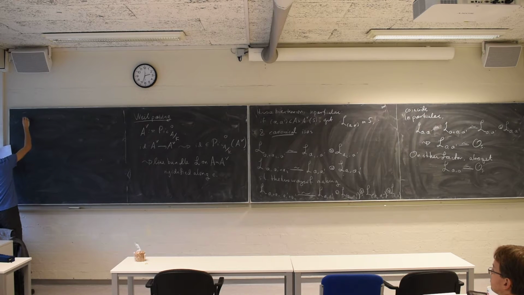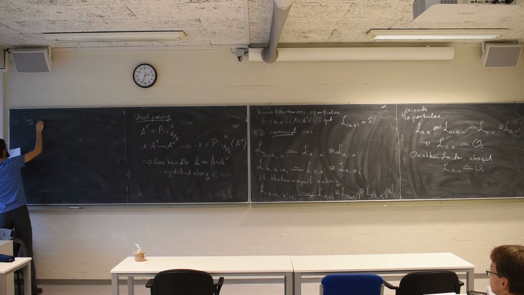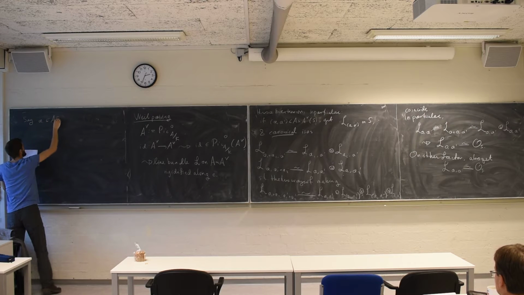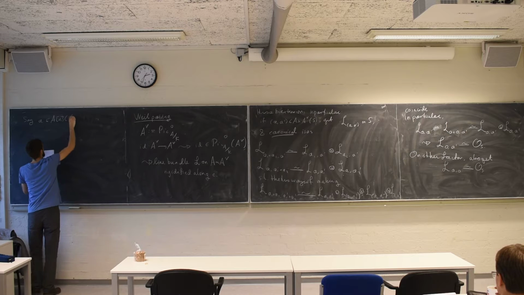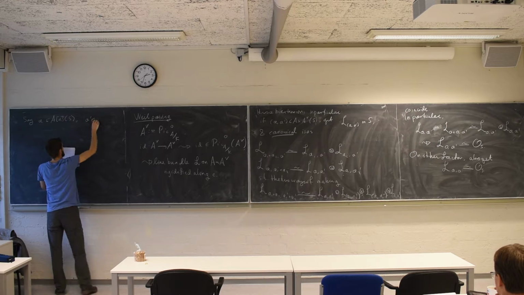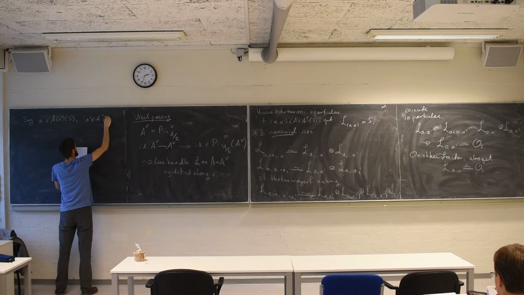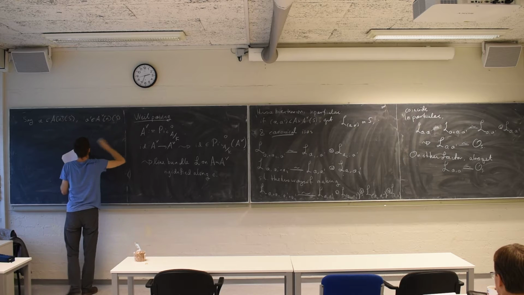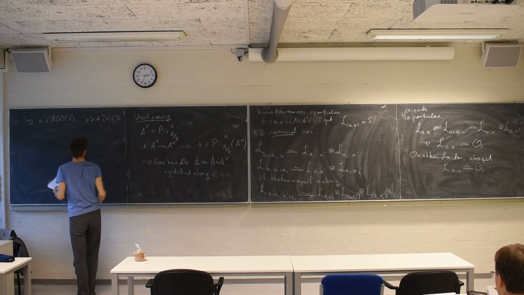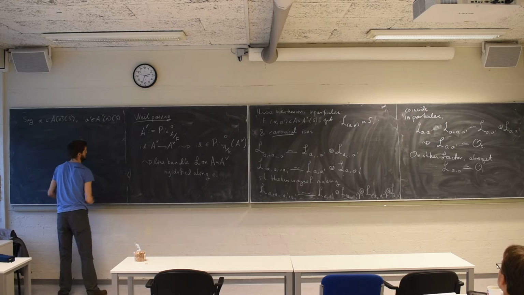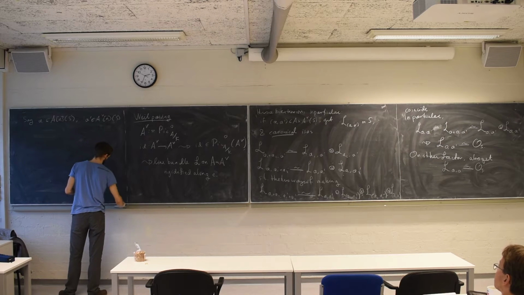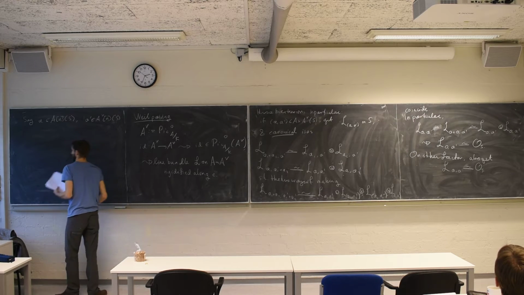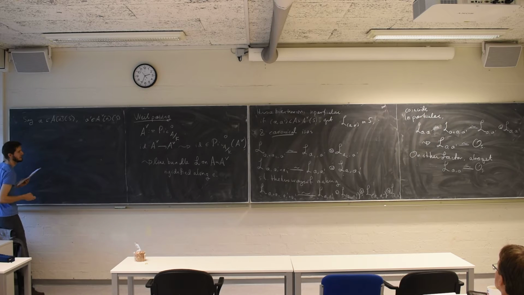Now, let's say A is in. Notice that we never used our base being a field, so this just works for abelian schemes over any base scheme. The Weil pairing is a map of pro group schemes.